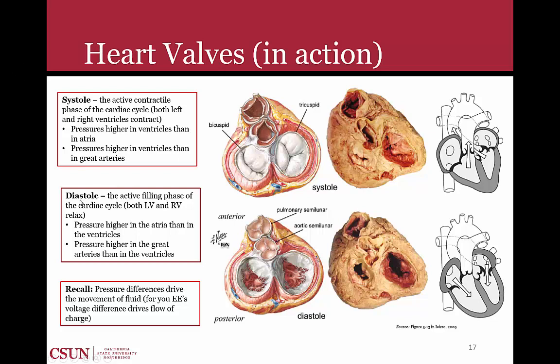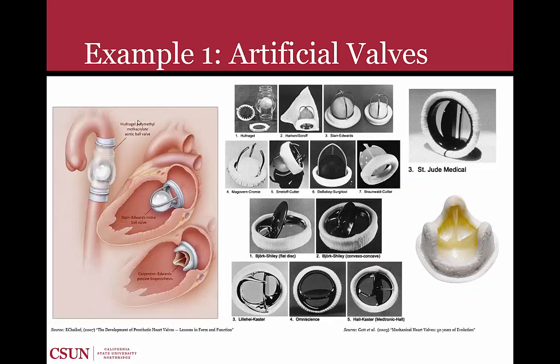And the take home message here is that when you have non functional valves, you're going to have a non functioning cardiac cycle, right? And what that leads to is basically you don't get enough oxygen to your organs or to your lungs. And so you have to rectify that. And so one way to do that was to replace the valves entirely.